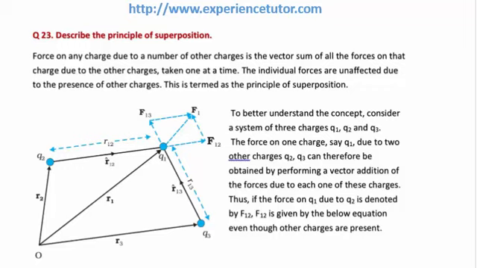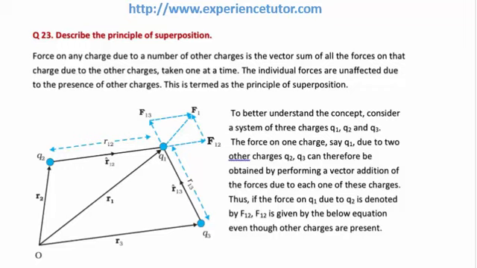To better understand the concept, consider a system of three charges Q1, Q2 and Q3. The force on one charge, say Q1, due to the other charges Q2 and Q3, can be obtained by performing the vector addition of the forces due to each one of these charges.